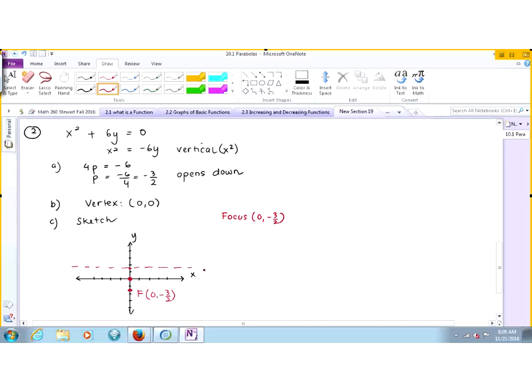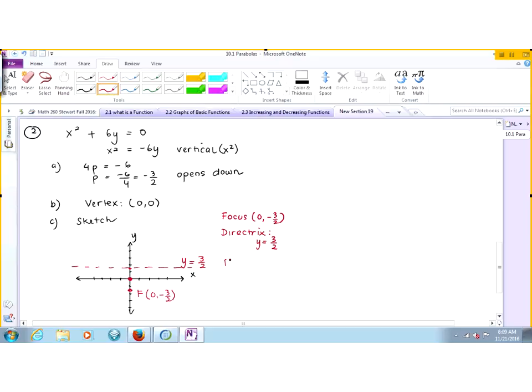What is the equation of my directrix here? Is it vertical or horizontal? Horizontal. So the equation starts with y equals, not x equals, but y equals what? 3 over 2. Yes. There you go. Good.